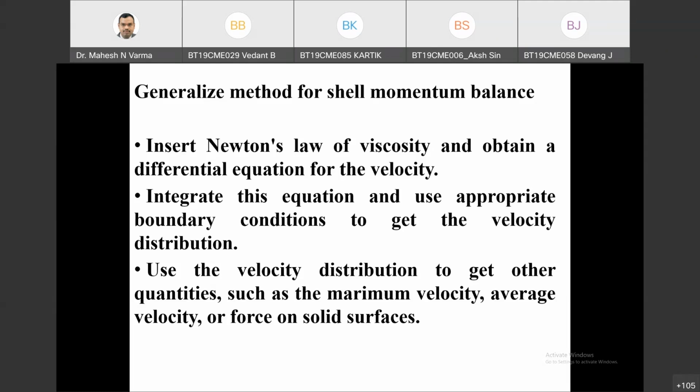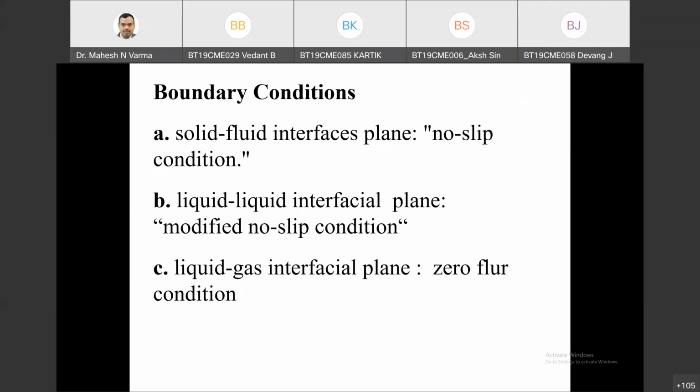We are dealing with Vz, only one velocity, and it varies in only one direction. So we need two boundary conditions. These can be either one flux and one velocity condition, or two velocity conditions. Then only I can solve the problem, because the problem varies in only one direction.